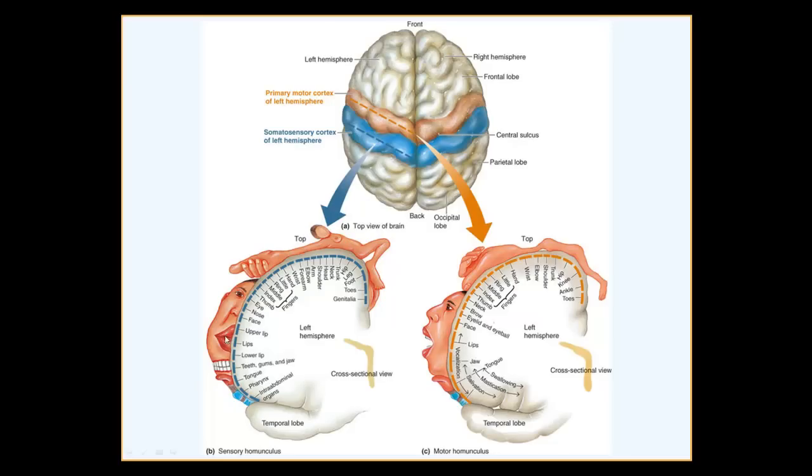So this is the sensory information, the sensation that you get from the tongue, from the pharynx, from the lips, from the hand. All of these would be information that you really need a lot of the sensory cortex to cover. And on the opposite, this is the motor cortex here, which will be this gyrus here, the primary motor cortex of the frontal lobe.